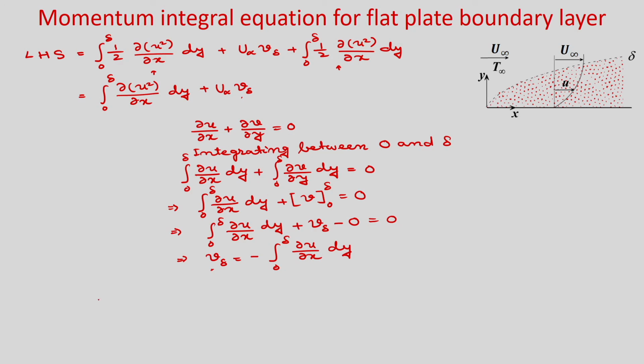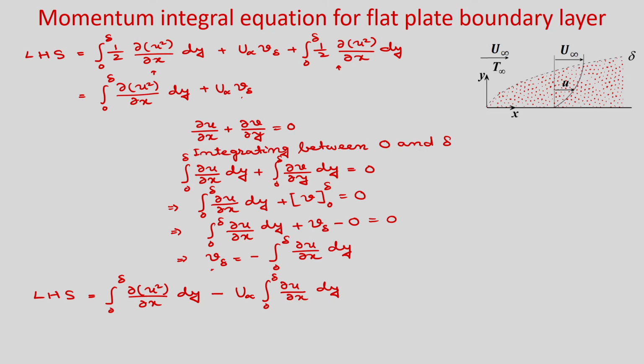So, now the left hand side you can write as integral 0 to delta del u square by del x dy, and v delta we put there, so it will be minus u infinity integral 0 to delta del u by del x into dy.